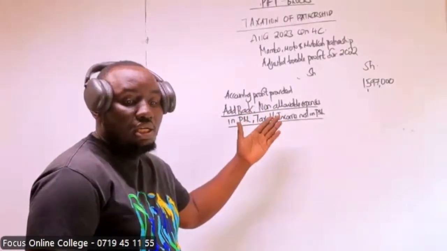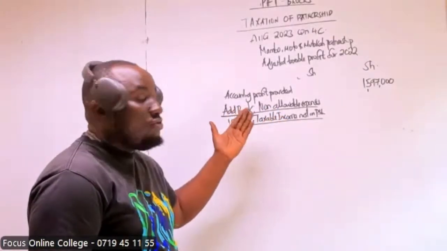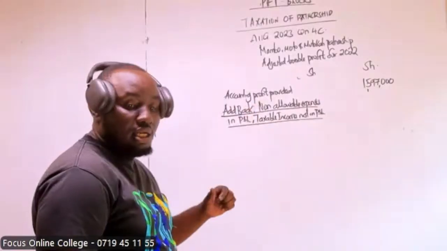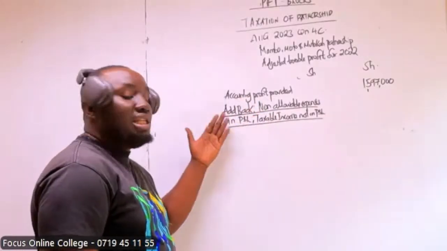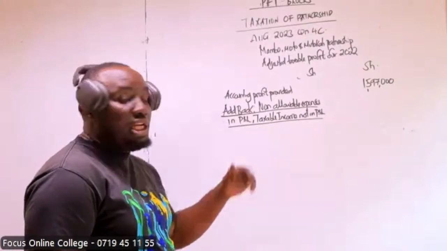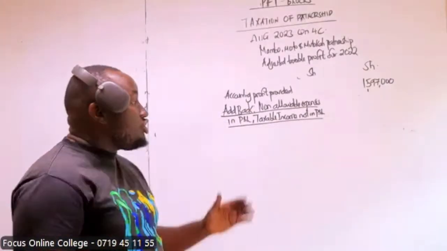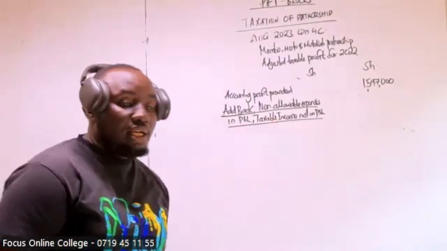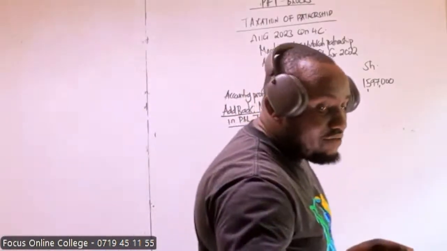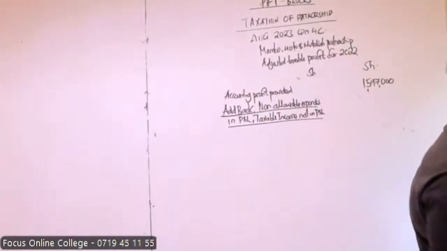For class purposes, I have to write this because I'm teaching. But for the student, when you get to exam, just write add back. You don't need to write the whole thing. That is there for you to save time.